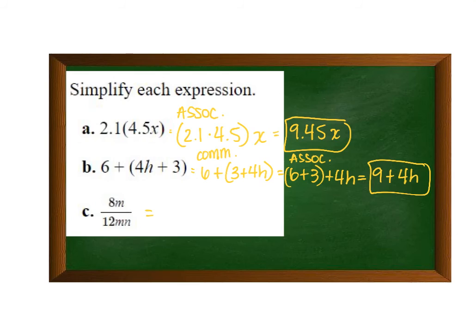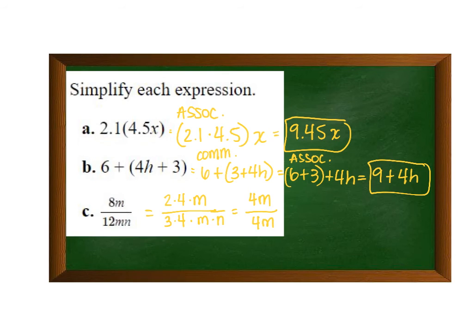So for this one, we're going to break everything up. It's going to be 2 times 4 times m over 2 times 3 times 4, because 12 can be broken up into 3 times 4, times m times n. Now we can look to cancel stuff. So we've got this 4m, which is common, over 4m.